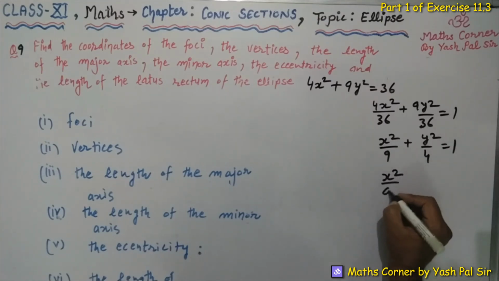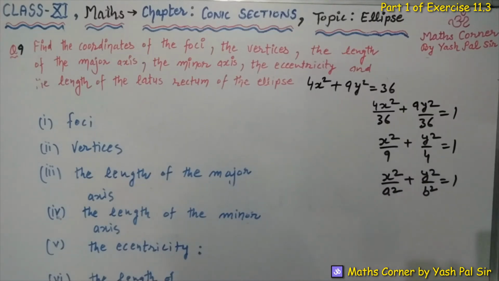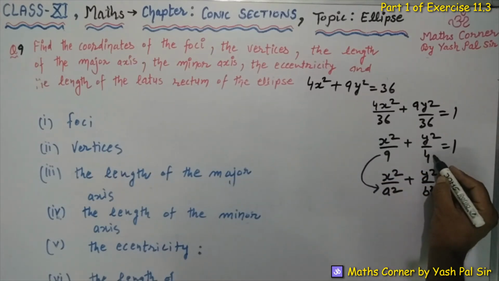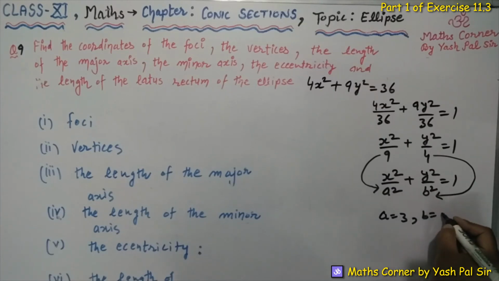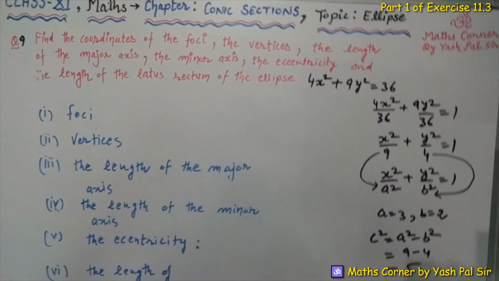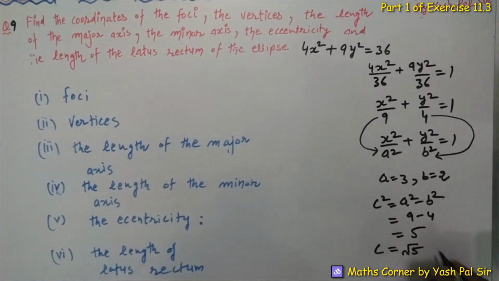So this is of the form x square upon a square plus y square upon b square is equal to 1. So from here a square is 9 and b square is 4. So a is 3 and b is 2. That means c square is equal to a square minus b square, that is 9 minus 4, which is equal to 5. So from here we can conclude the value of c, which is square root of 5.